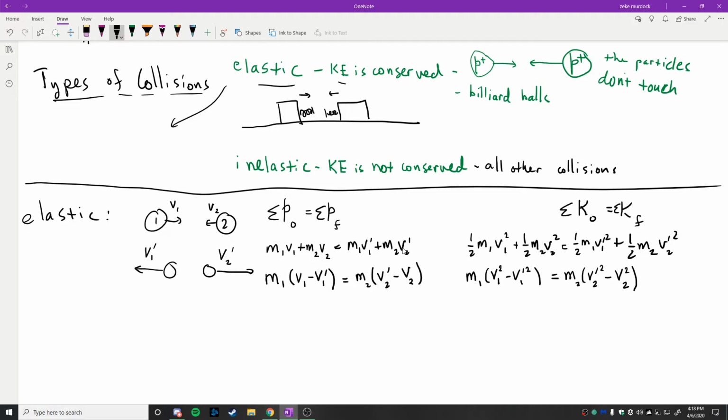Does that all look right to you? So now we're going to take this equation here, put it underneath this equation here, and divide that equation by the other equation.